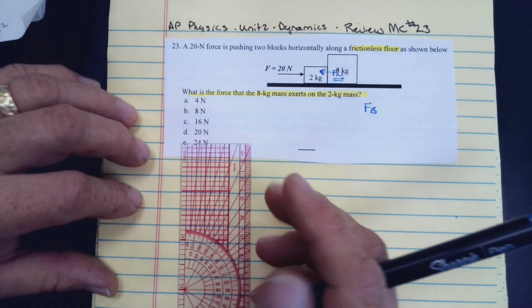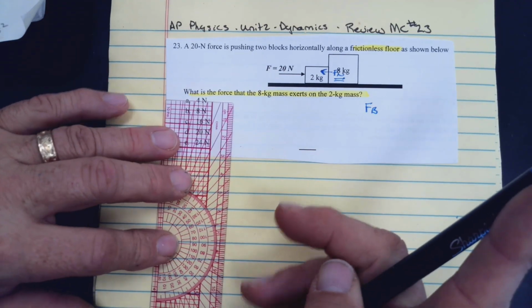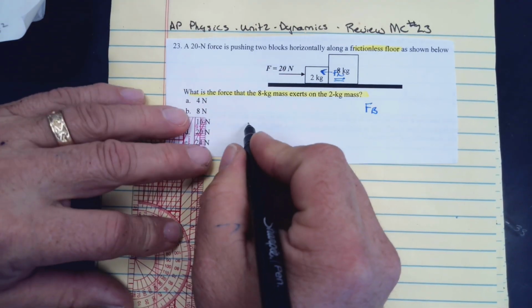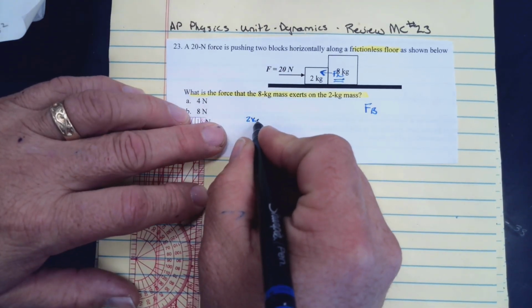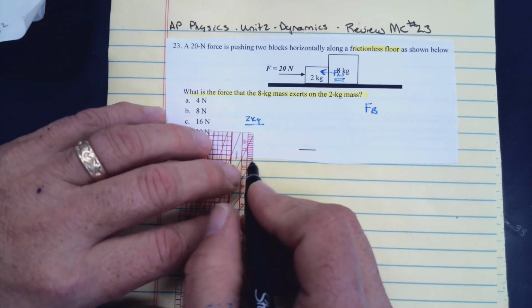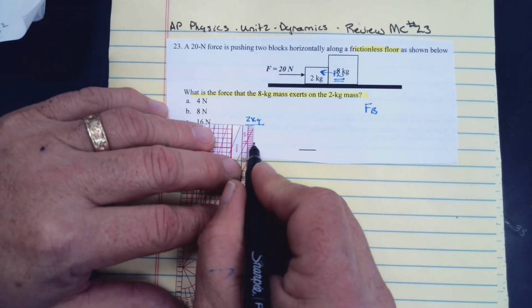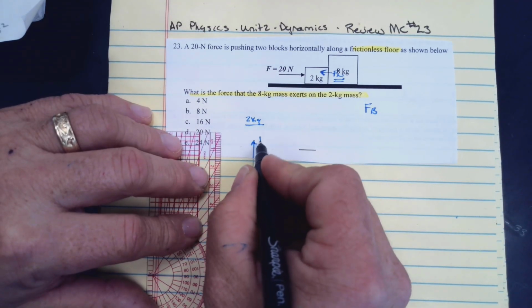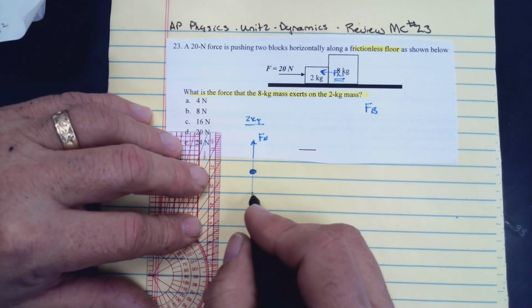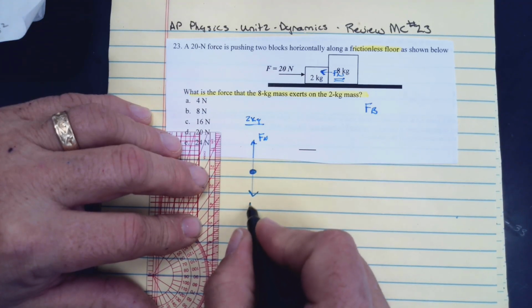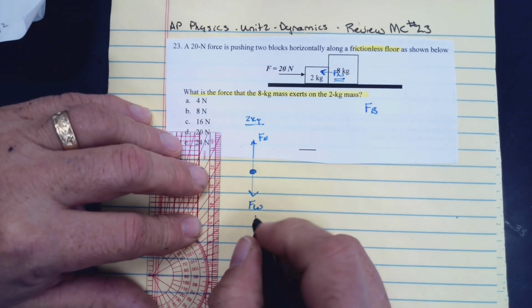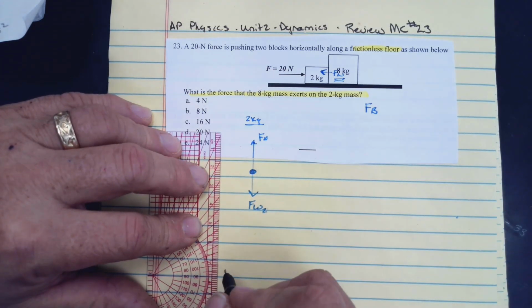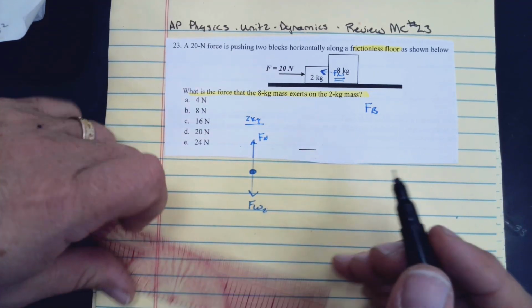So let's start out with our force diagrams. I'm going to do the 2 kilogram block first. And of course, I have the floor pushing up on it, the normal force. I have the weight, which I'm going to call W2 to keep track, for the 2 kilogram block.